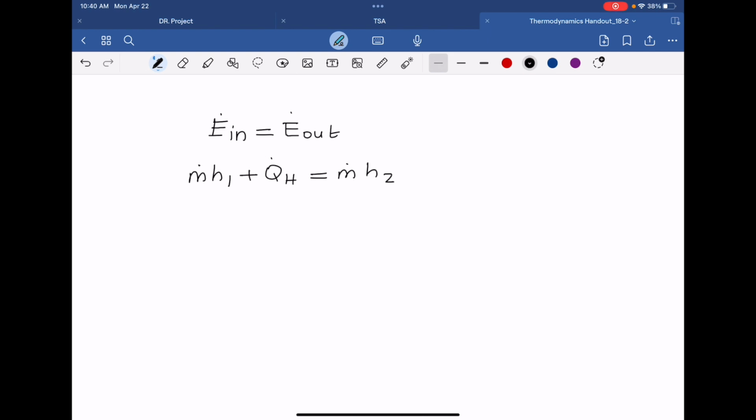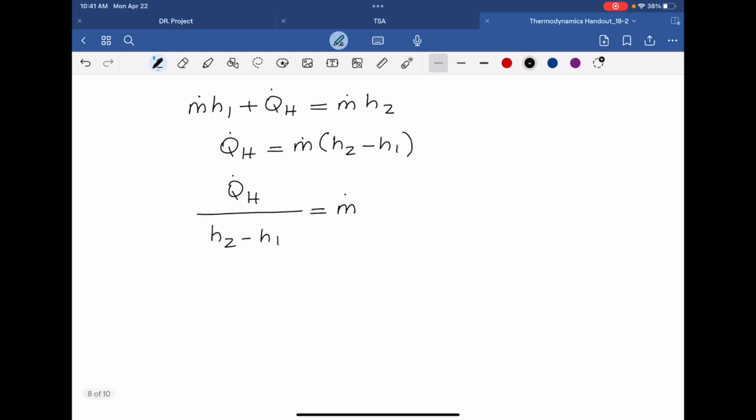Now they're asking for the mass flow rate, okay? So if I can solve it in a way to find the mass flow rate, QH over H2 minus H1 is the mass flow rate.